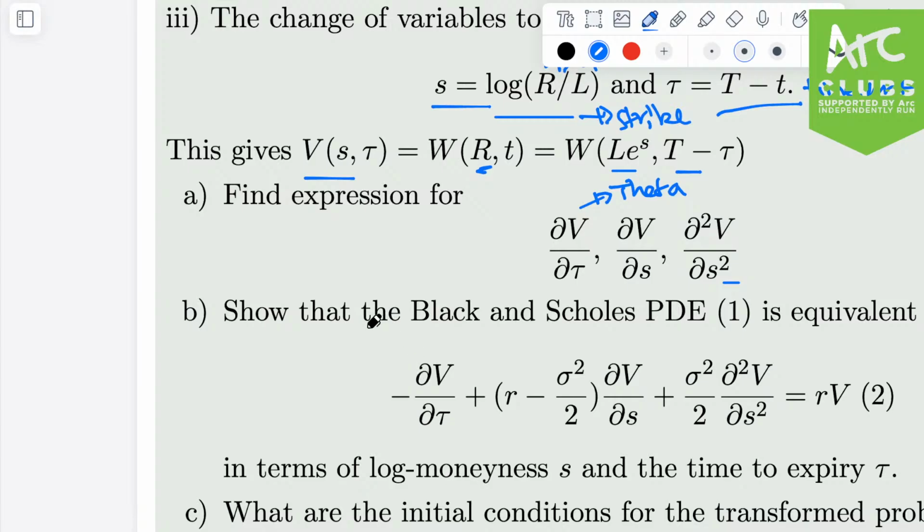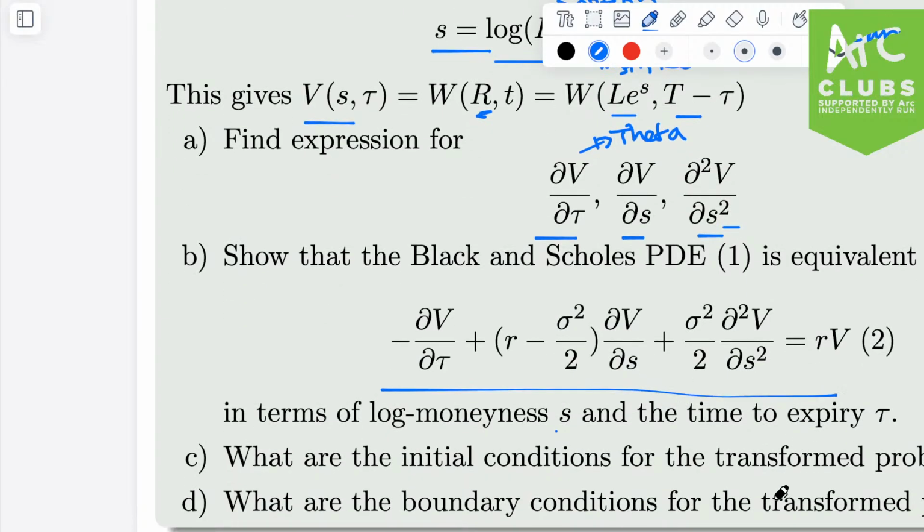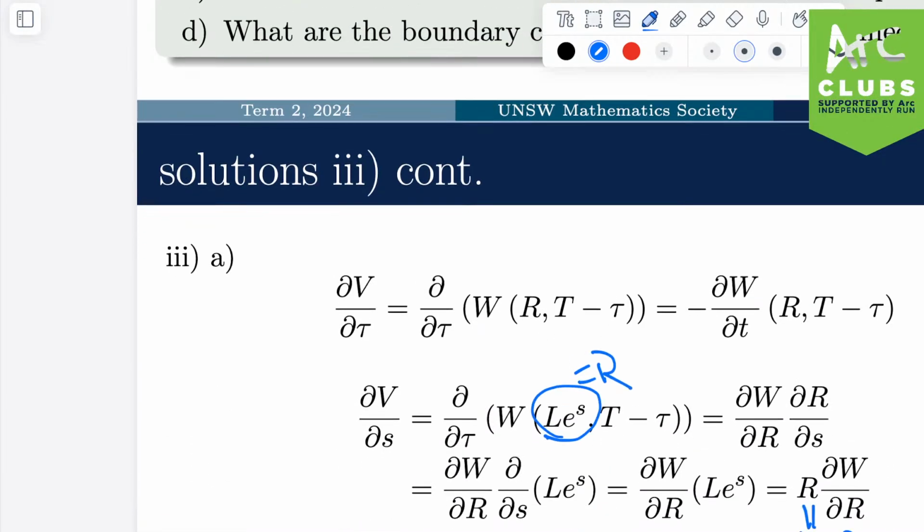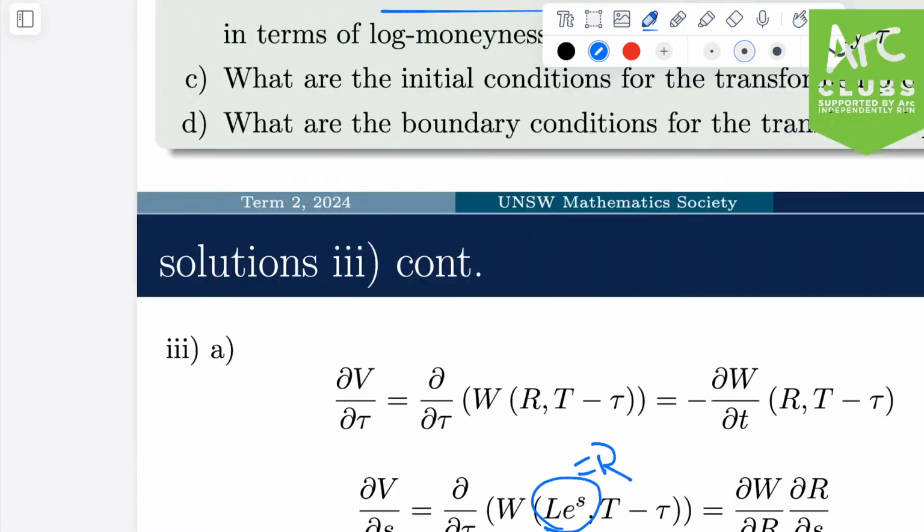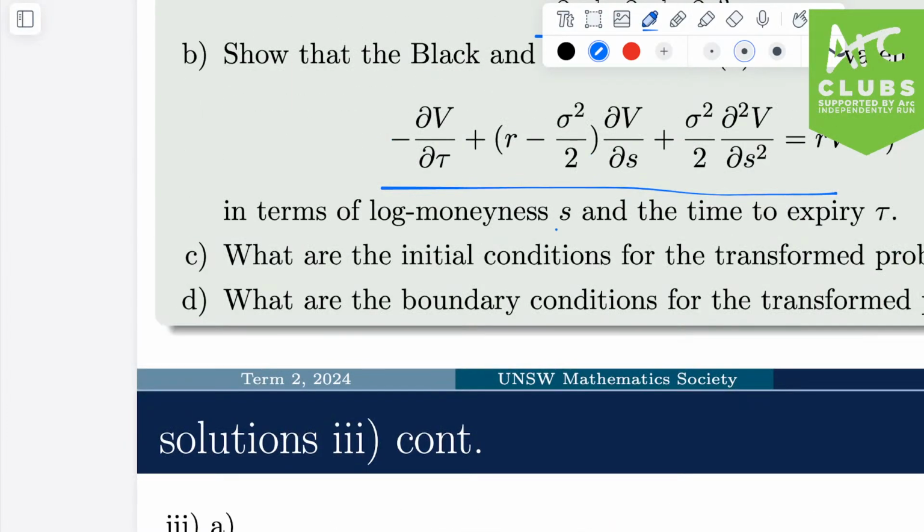Part B asks us to show that the Black-Scholes is equivalent to the expression here in terms of S and tau. I guess the first part helps us, right? Because we already found dV/d tau, dV/dS, and d squared V/dS squared in terms of S and tau. So we can just sub in the expressions.